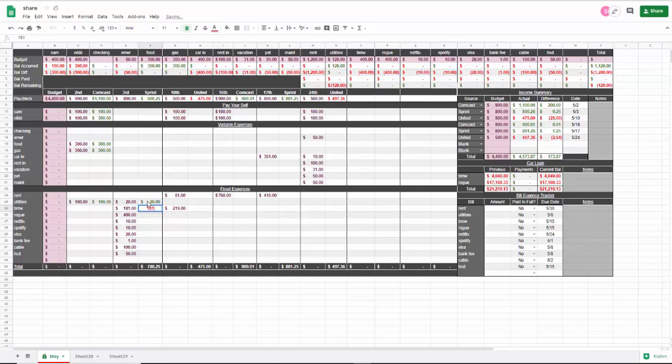20, 181, 400, 10, 28, 150. So that leaves 25 cents. 25 cents is change, so keep that in your checking. All right, so 475.